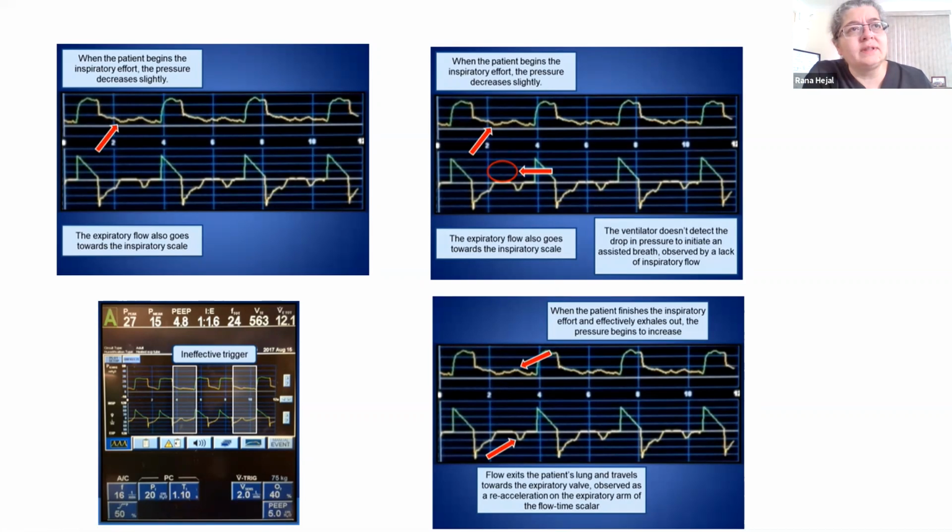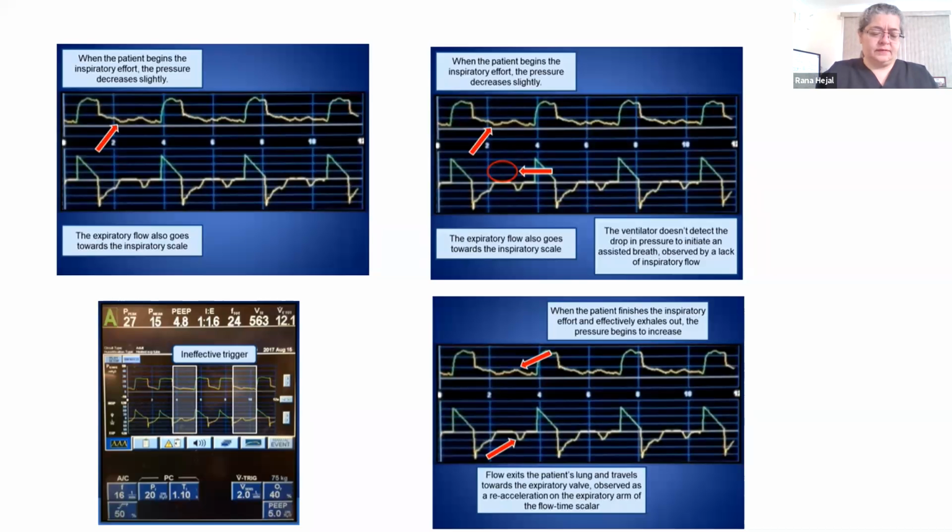The older ventilators used to have only pressure-related sensitivity, meaning the patient has to generate a certain negative pressure by which they will be able to trigger the ventilator to assist them. The newer ventilators have made it easier, so the inspiratory valve opens when a certain flow is achieved.